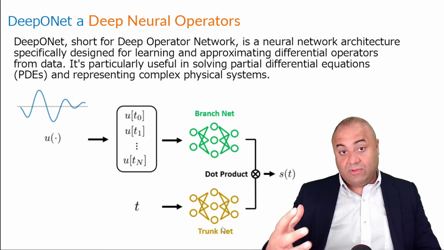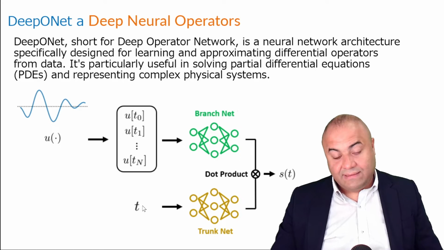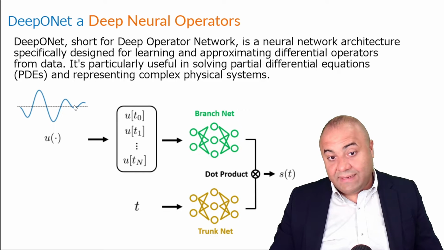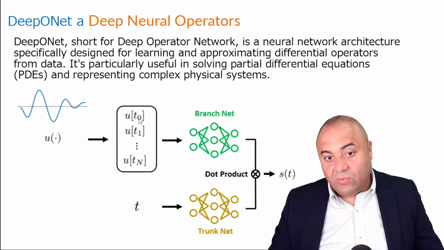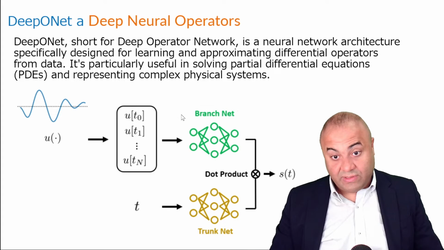We're talking about x and time, so it has to be x and t. If you have, for example, only this function, let's say you have one line, then in this line you will have all of these values of this line that is going to go into the branch network.